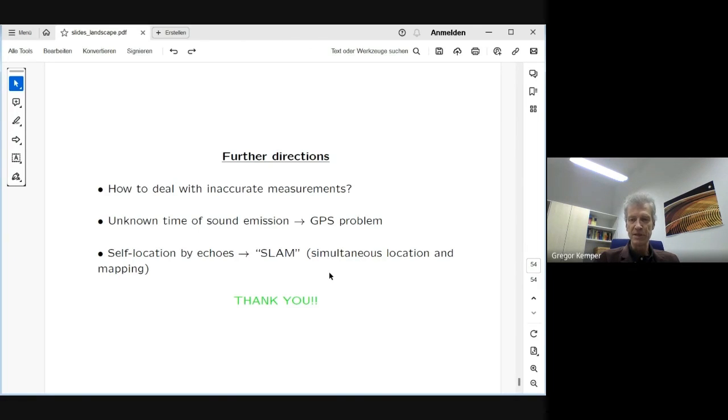However, we haven't specifically studied the problem. We found the case where you have just one loudspeaker and just one event particularly attractive, because it's so charming: you have just one sound event, and simultaneously you can reconstruct the entire room from it. If you have two, so much the better.